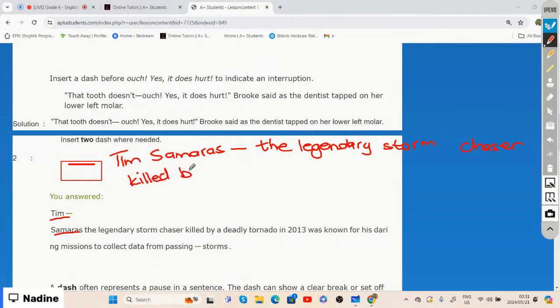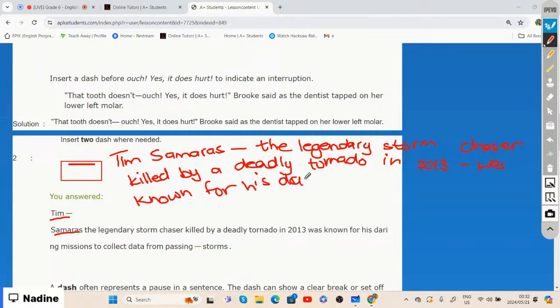So he was killed by a deadly tornado in 2013. Dash. And was known for his daring missions to collect data from passing storms.